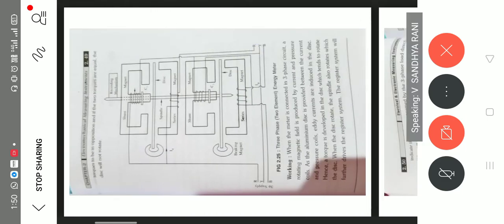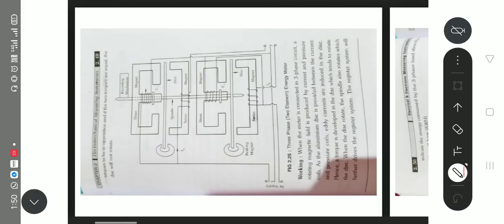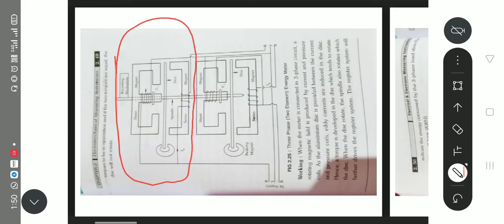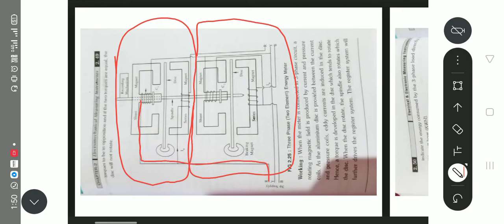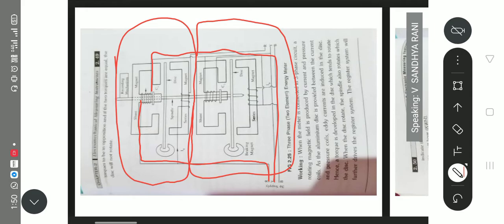Here the three phase energy meter is made of single phase energy meters. This is one single phase energy meter diagram, and this is another one. Two single phase energy meters are connected in the three phase energy meter. We give the pressure coil primary as R and secondary as Y, and the current coil primary as B. Here we give the input three phase supply.